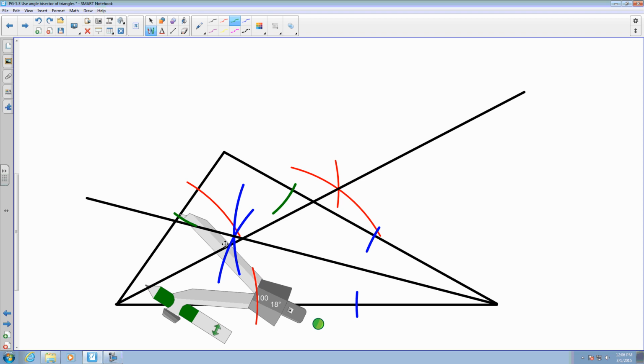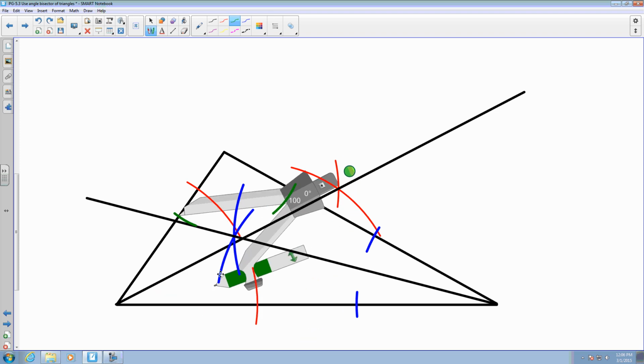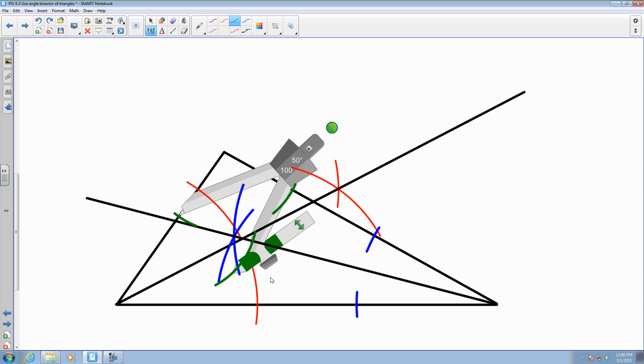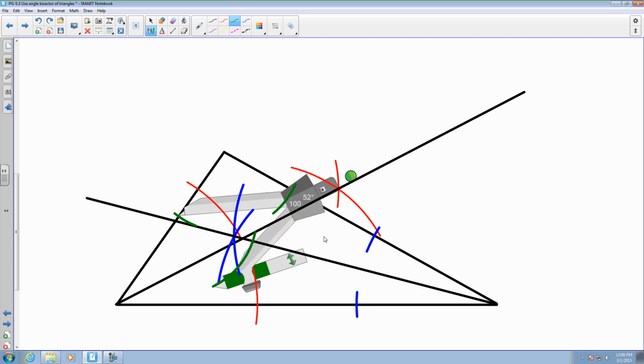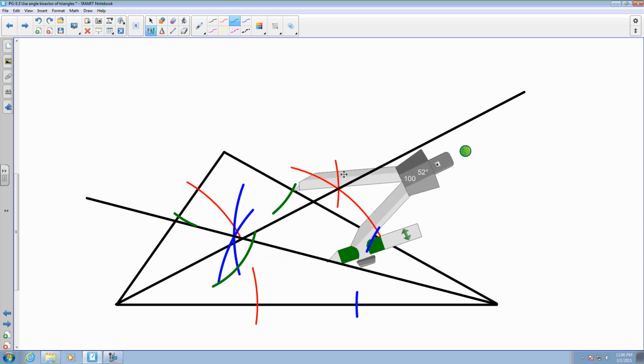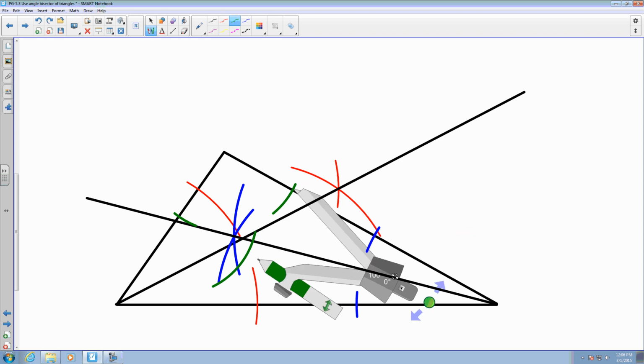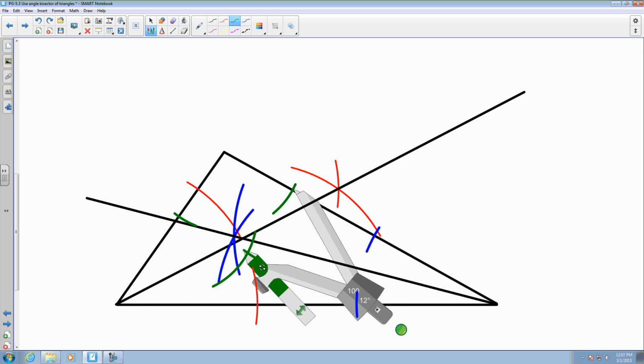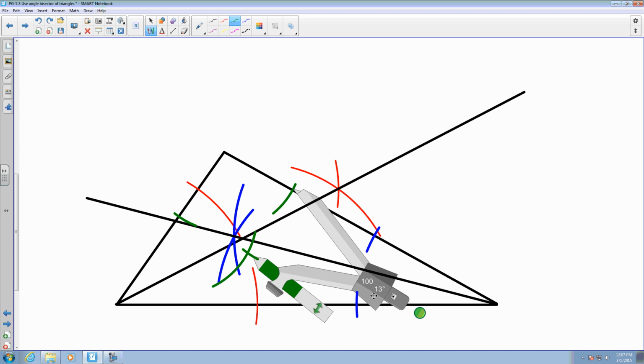Again, without moving. Make an angle mark there. And finally, positioning it over here, strike my mark.